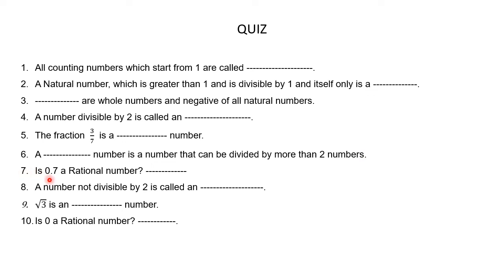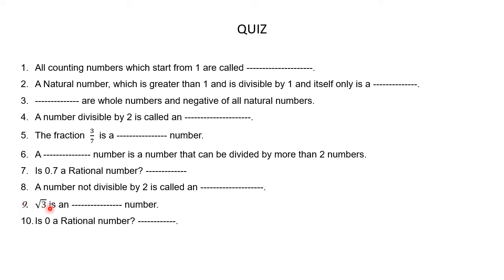Seventh question. Is 0.7 a rational number? The answer to this is yes. 0.7 is a rational number because it can be expressed as a fraction 7 upon 10. Eighth question. A number not divisible by 2 is called a dash. The answer to this is odd number. A number not divisible by 2 is called an odd number.